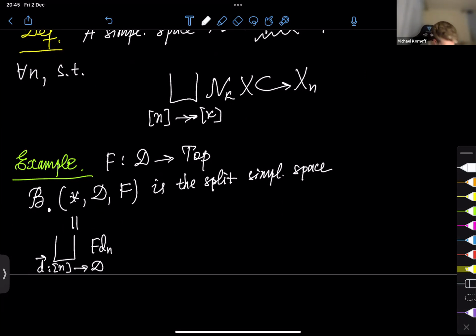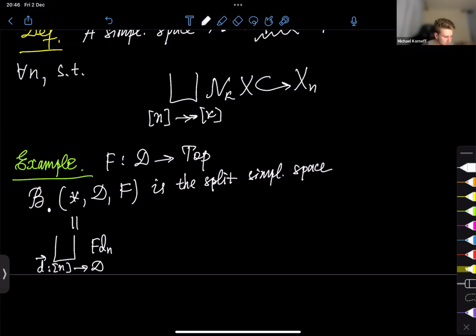And if we take non-degenerate n-simplices in the nerve, then we will have an isomorphism between the subspace and the whole space.